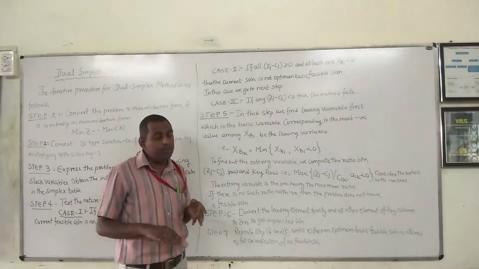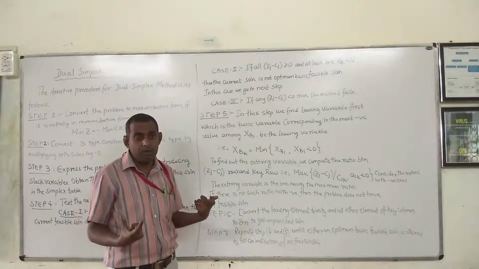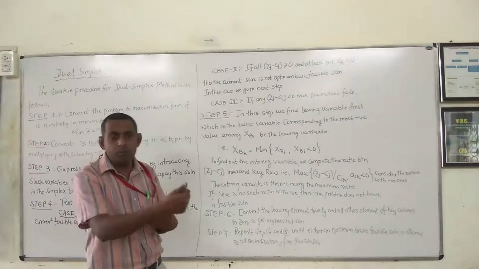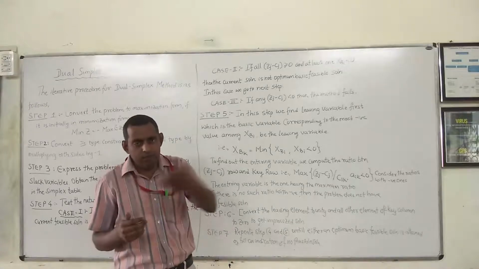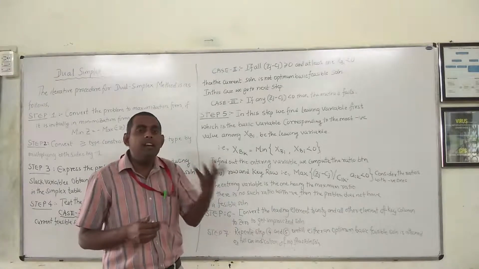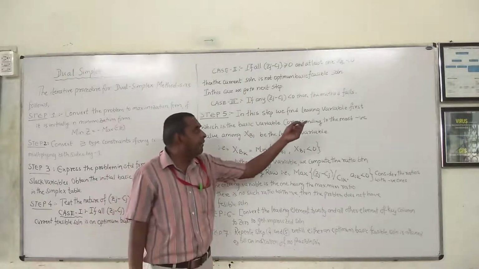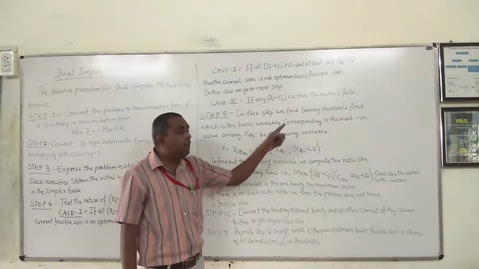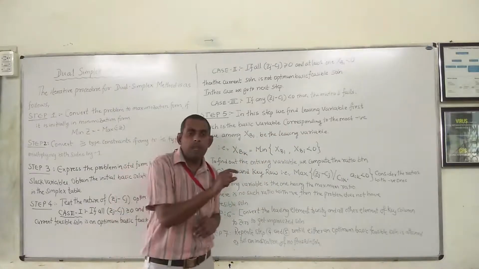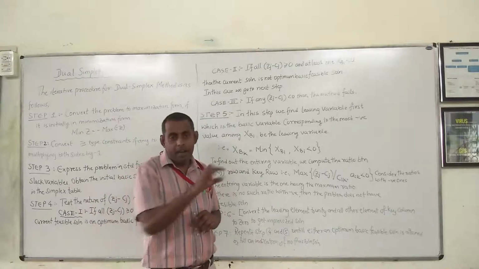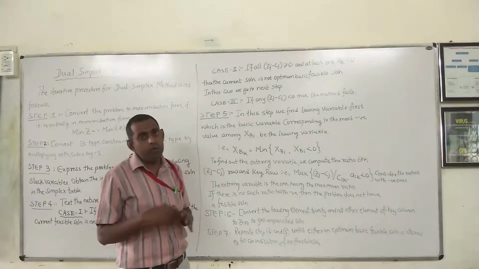This step is the difference between the simplex method and the dual simplex method. In the simplex method, we find the entering variable first and then the leaving variable. But here we do exactly the reverse. First we find the leaving variable by choosing the most negative among the xbi. That becomes the leaving variable and is called the key row. Once we got the key row, we need to find the key element.